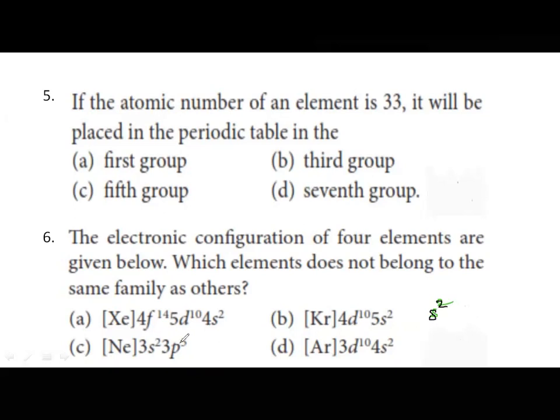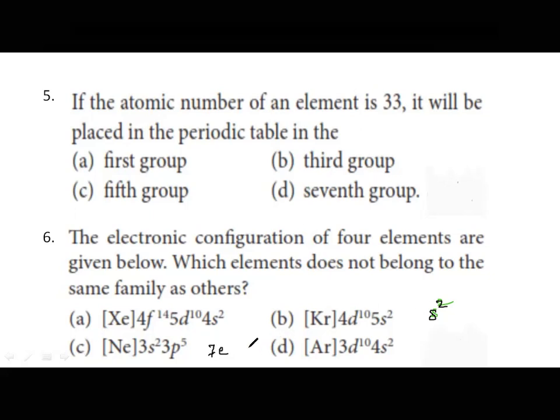In contrast, element C has 7 electrons in the valence shell, whereas options A, B and D have 2 electrons in the valence shell. Hence, it lies in another group. Is that clear? You have to observe whether the valence configuration is the same.